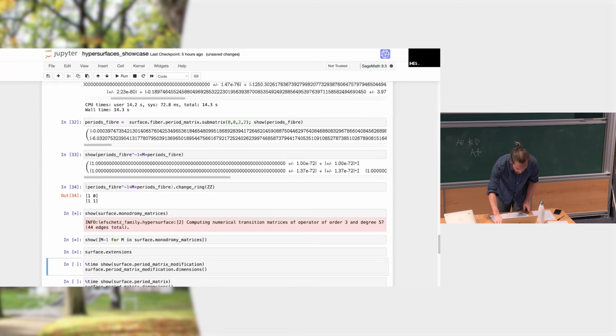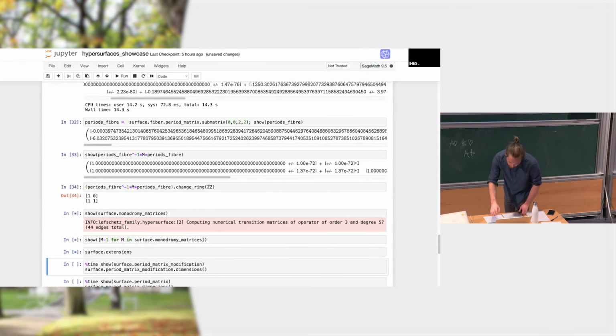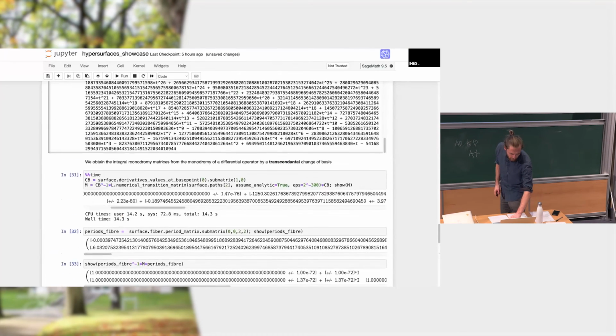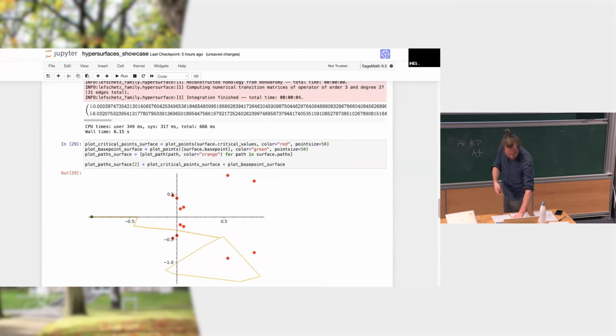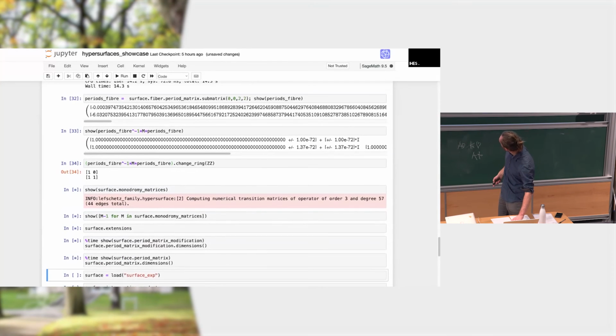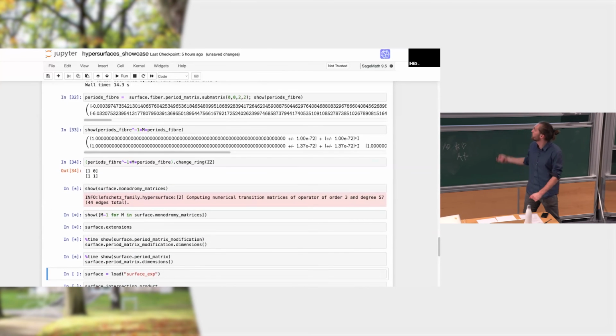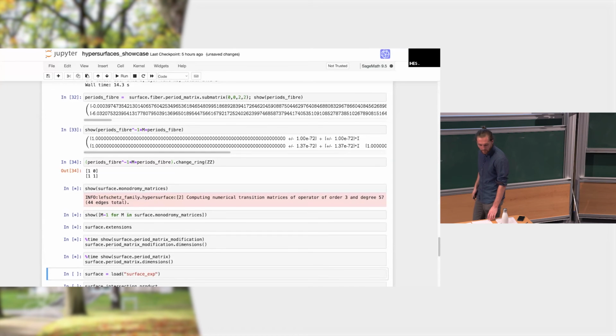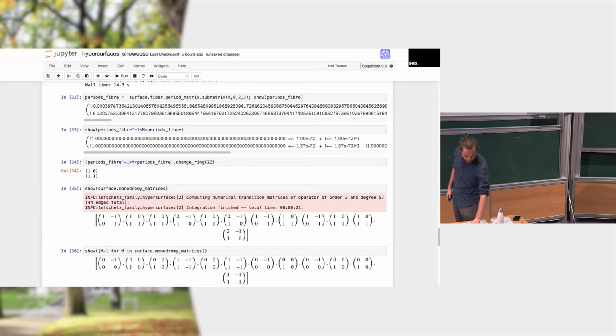So you can do this on all the fibers, which might take some time. You have 12 critical values, so you're computing 12 monodromy matrices, 2 by 2 matrices such as this one. Here they are.